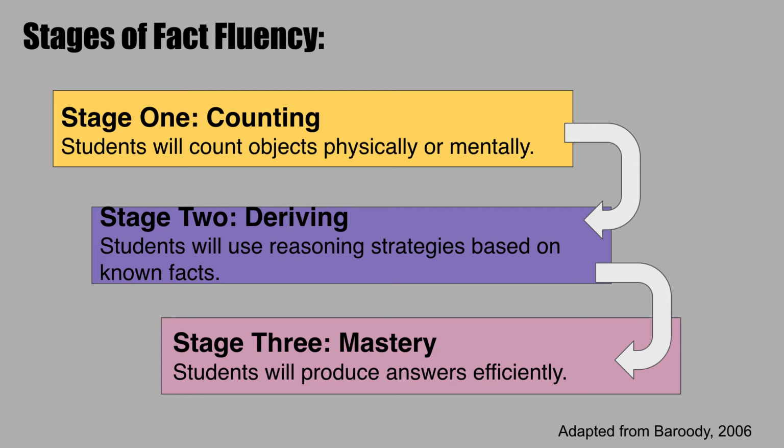Lastly, students will move to phase 3, which is the time when they're able to generate the answer to a fact efficiently. So, to move from phase 1 to phase 2, there is a lot of instructional coaching on strategies. Teachers are creating fact strategy walls.